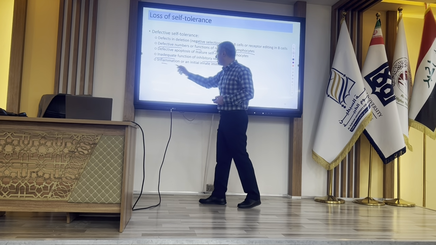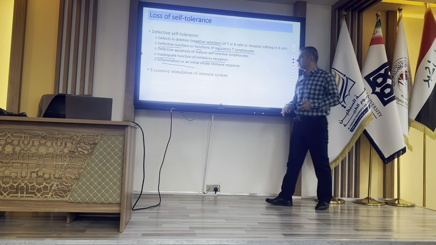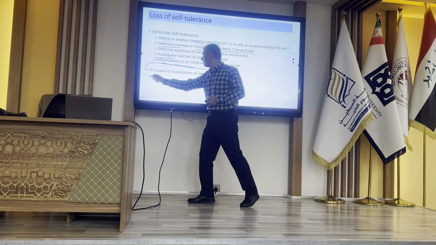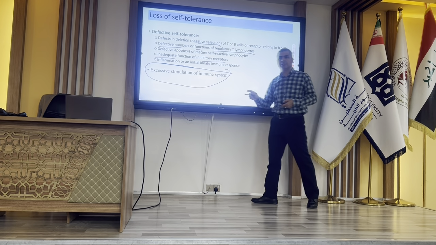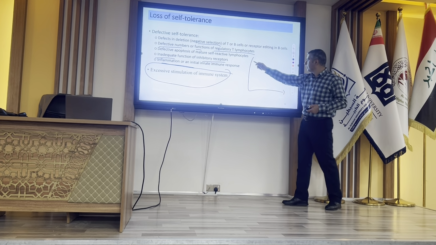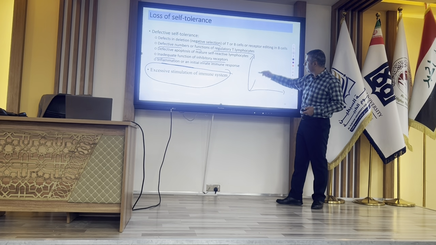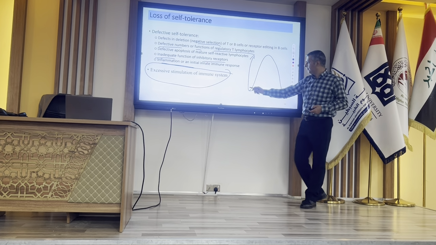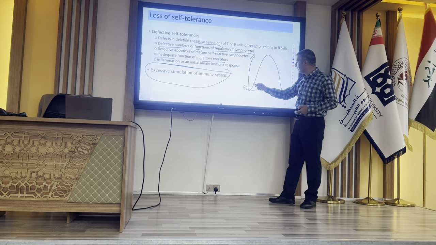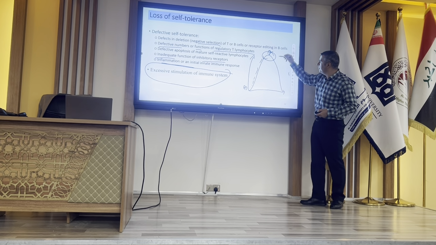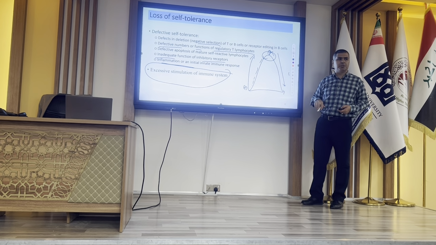Or chronic inflammation. It's very important, I'll talk about it. And any excessive stimulation of the immune response. Do you remember I told you that for all immune responses we have such a pattern: antigen exposure, activation of the immune response, elimination of the antigen by the immune system. After elimination, we need contraction in the immune response.